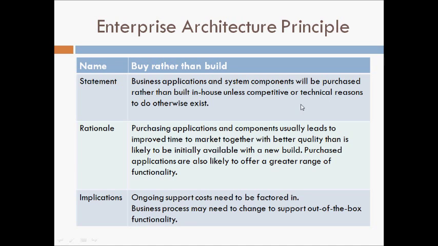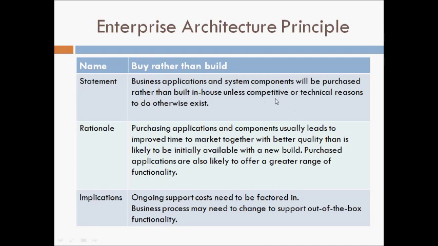Maybe the product which you are buying may have been built on, say, an older version of Java, and the newer version of Java has a lot of new features. Maybe it is lightweight or faster. There can be a number of reasons. Or the product which you are considering may not expose certain web services, which you require to integrate with other products and provide better services to the customer.